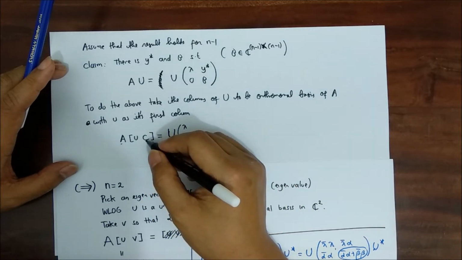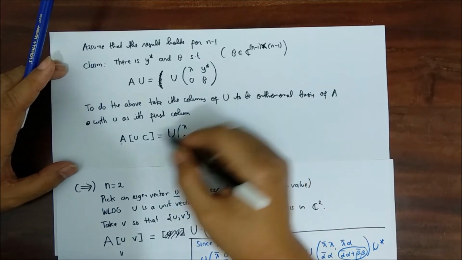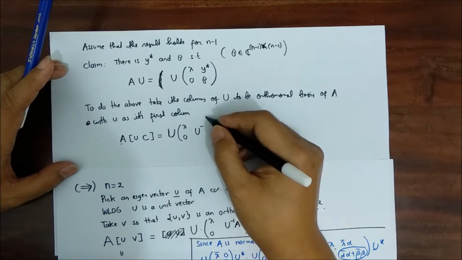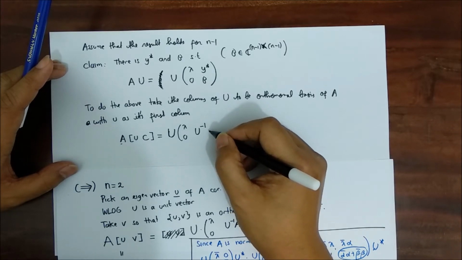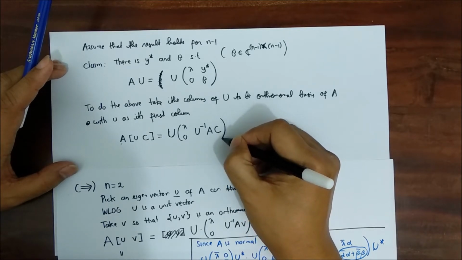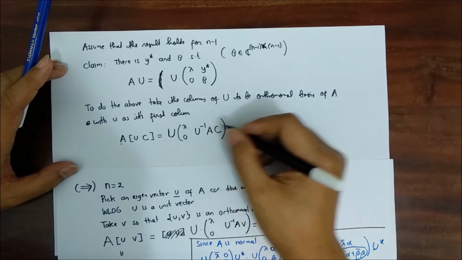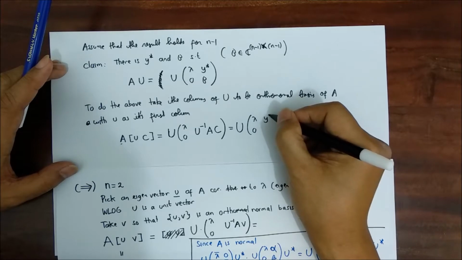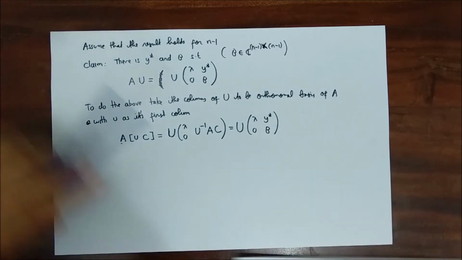So in order for the second column to be the same, we have A times C, so here we just need to put U inverse times A times C. Okay, and then we write this U inverse A C as Y star B. We can always do this.